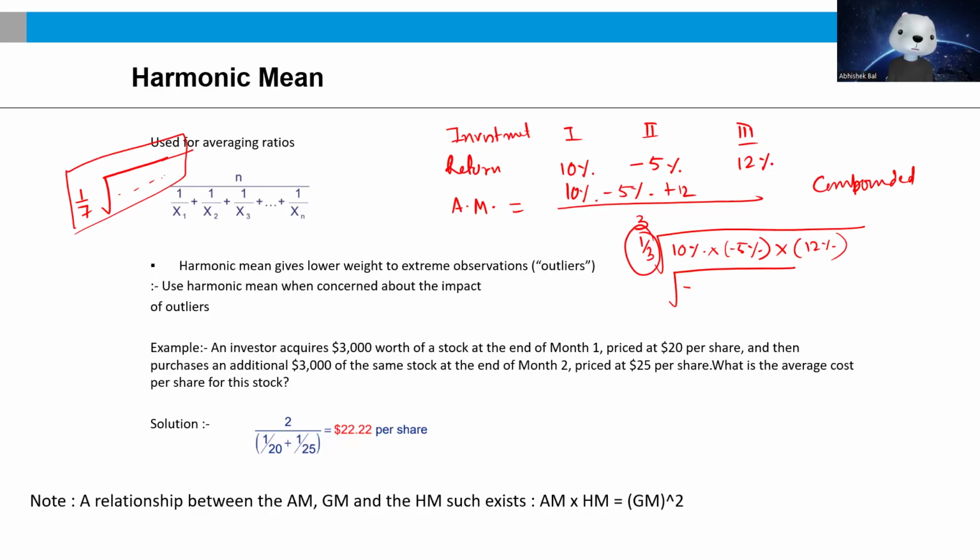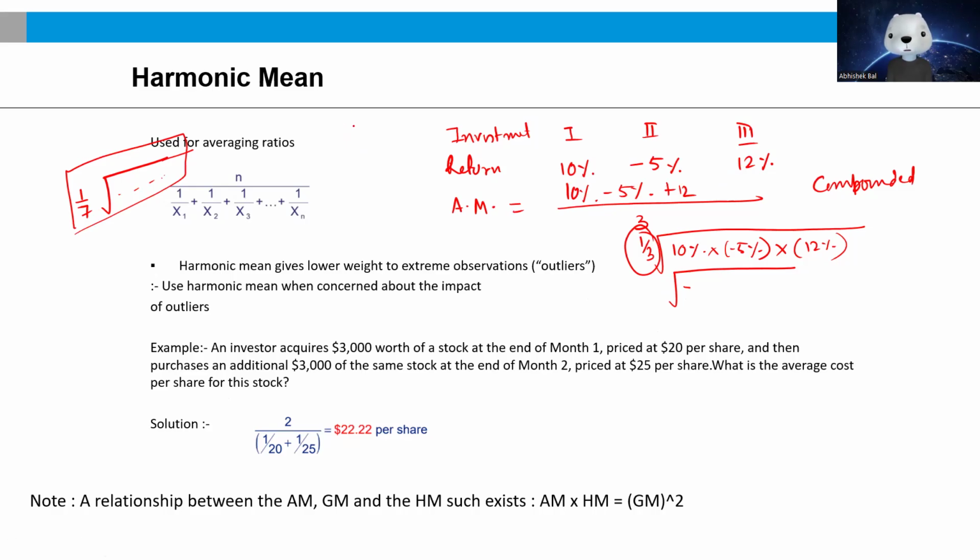Now, there is a trick that is being used in order to overcome that, and that trick is pretty elegant in nature. What we do is we add 1 to each of these 5%, 10%, and 12%. Remember, when we add 1 to all of them, effectively we would be first converting them into their true decimals.